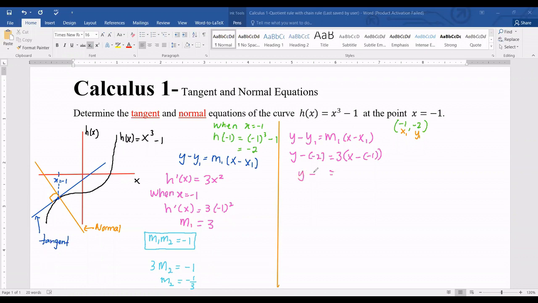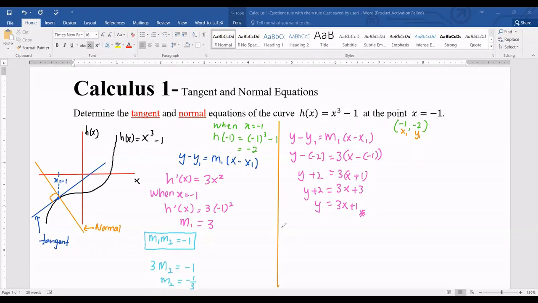You get y plus 2 equals 3 in the bracket x plus 1. So you just open the bracket: 3x plus 3. This is y plus 2, and you get y equals 3x plus 1. So this is your equation of the tangent.